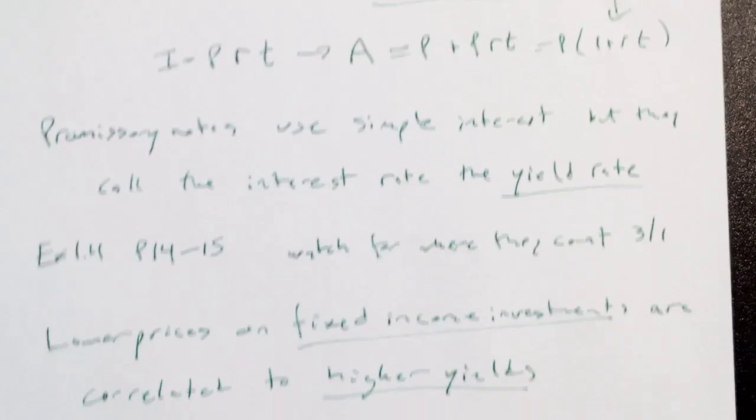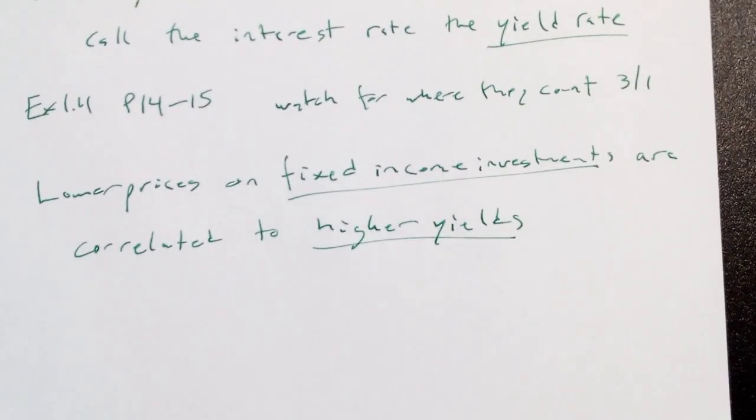So, for example, right now, if we were to say interest rates go up, then prices on these income investments should go down. Same thing goes the other way around.